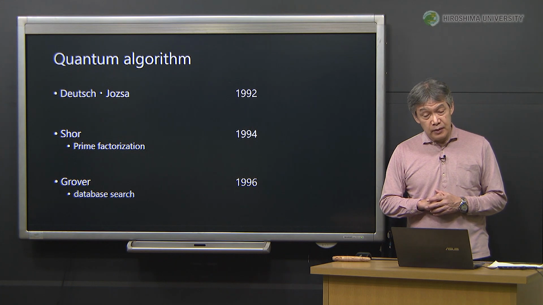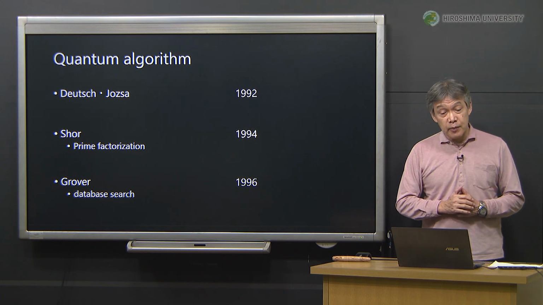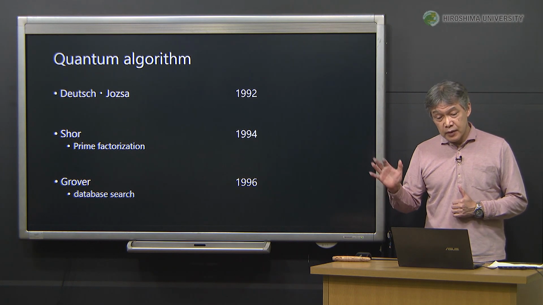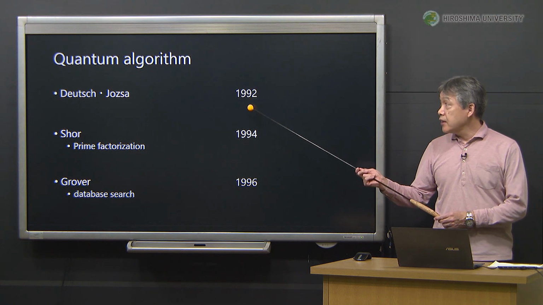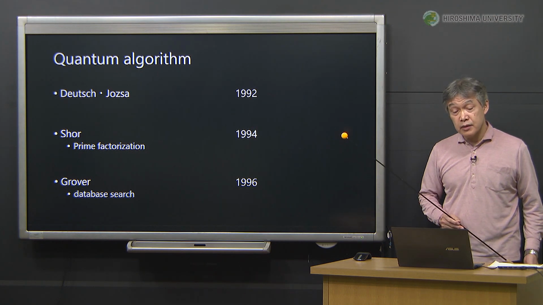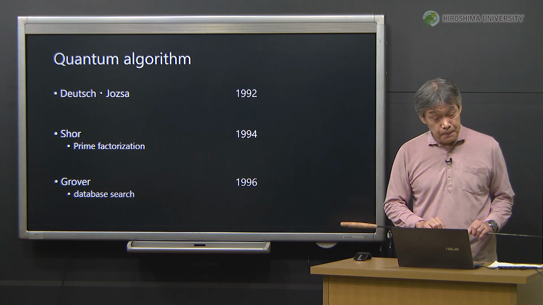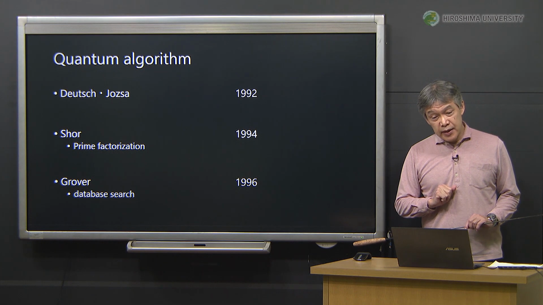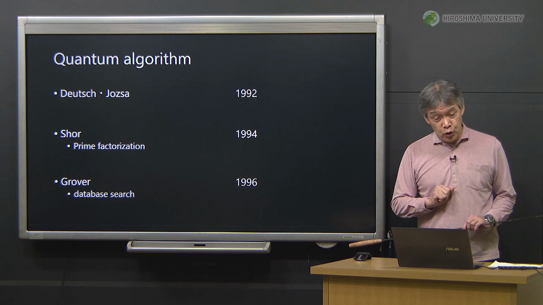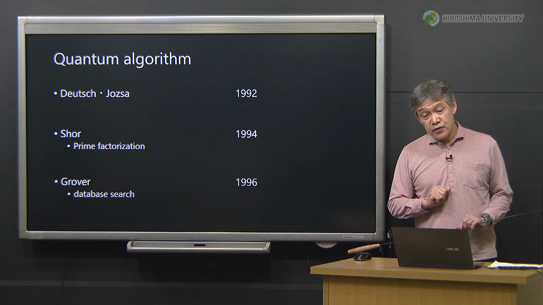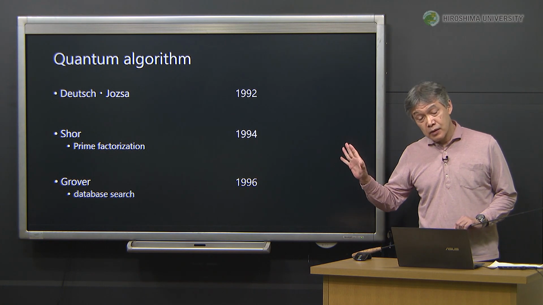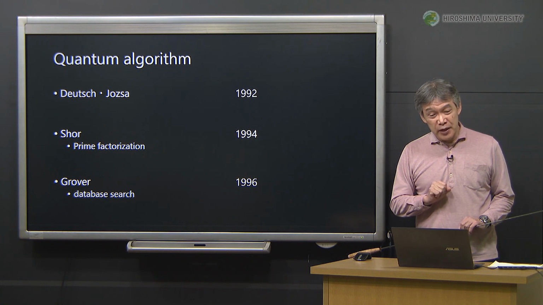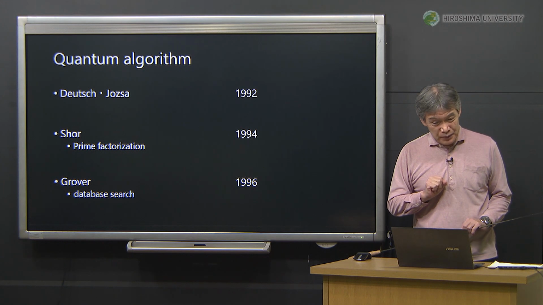Then these are the names of the quantum algorithms: Deutsch-Jozsa, Shor, Grover, proposed in 1992, 94, 96, only 30 years back. So that means that finding these algorithms was not trivial. After the invention of quantum physics, it took 60 or 70 years to find an efficient quantum algorithm.